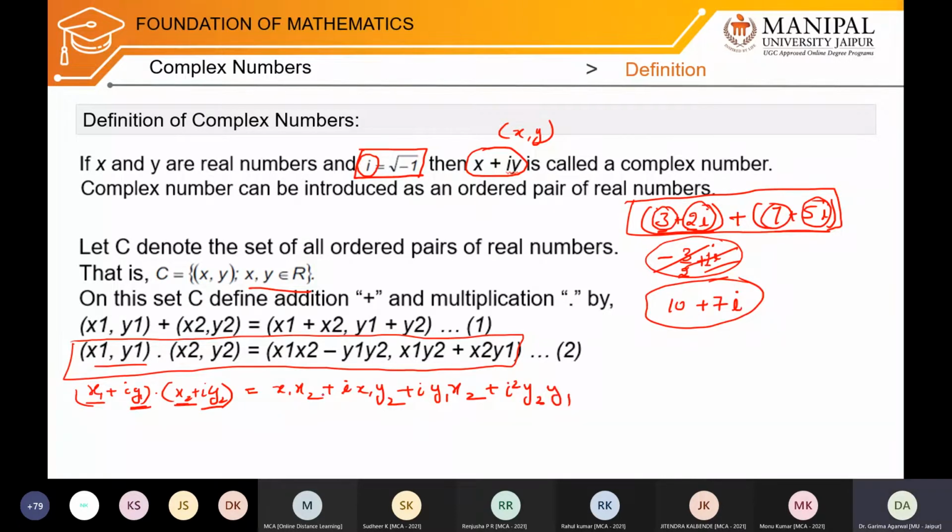Iota y1 iota y2, that is iota square y1 y2. If the value of iota is root minus 1, then iota square will be minus 1. So we can write iota square as minus 1. This is the formula for multiplication, right?